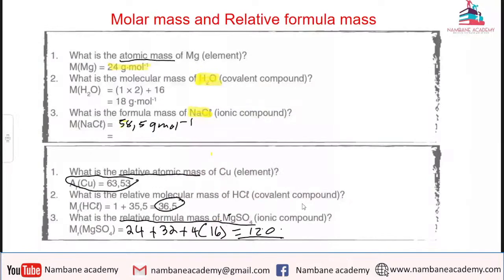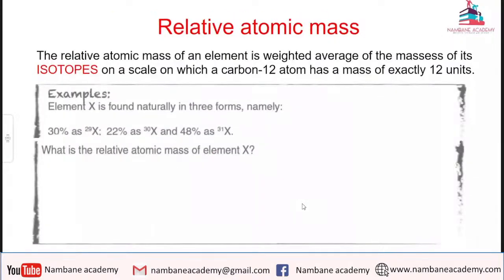Ladies and gentlemen, this brings us now to relative atomic mass. Relative atomic mass is for grade 10. But remember, like I said, this topic now moves from grade 10 to grade 12. So everything and anything of grade 10 will be assessed, will be a part of the questions of the exam.